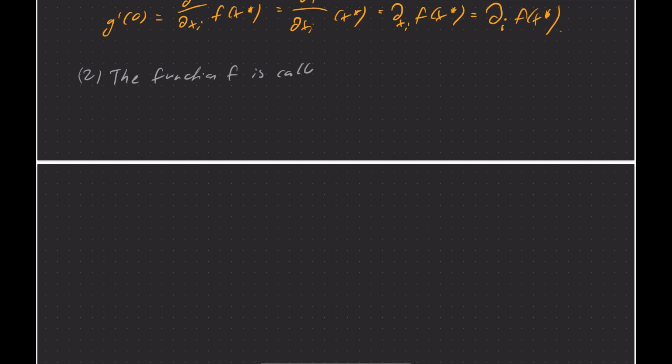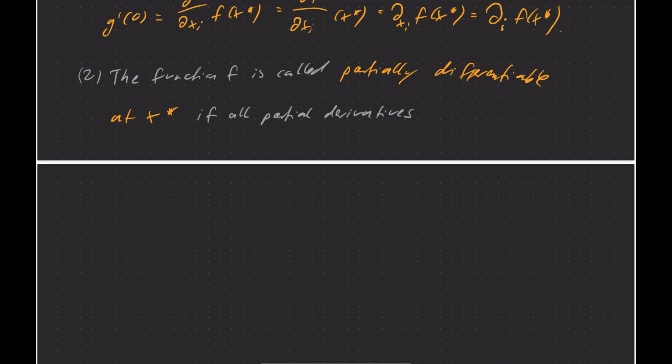Function f is called partially differentiable at x star if all partial derivatives, so starting at df dx1 at x star up to df dxn at x star, if all these partial derivatives exist.